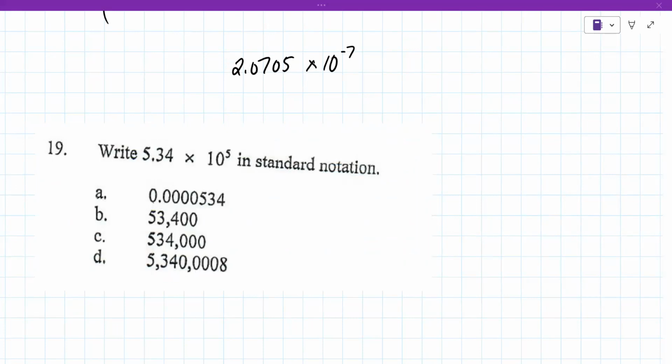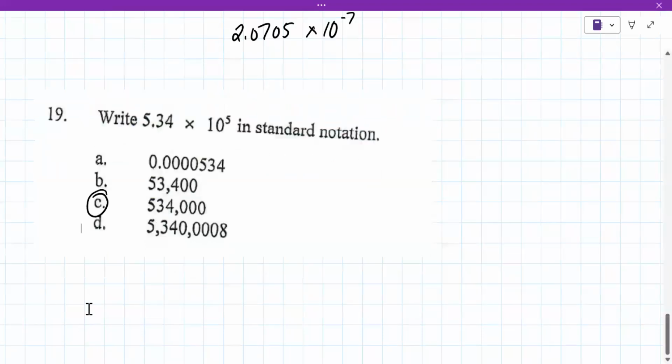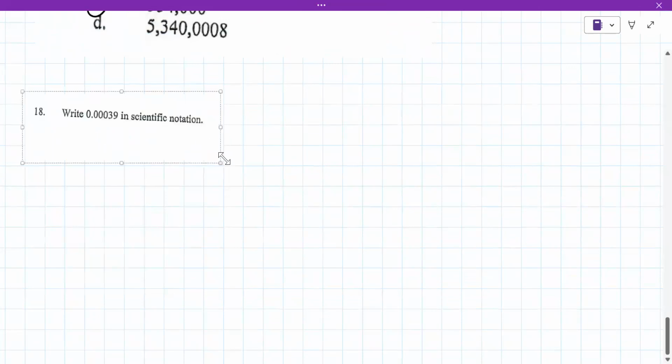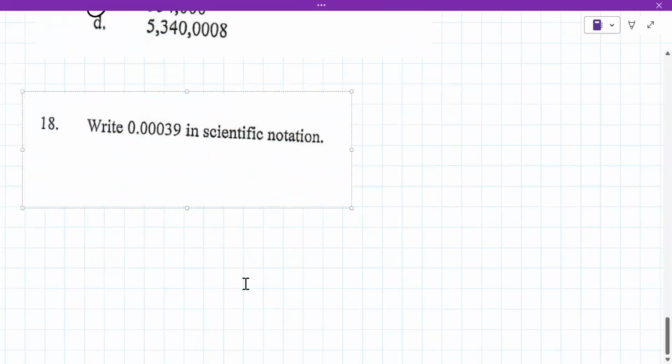It would be 3, 4, 5. It would be the C one. Good, C, good. All right, here's one more. We'll move on to a new topic.